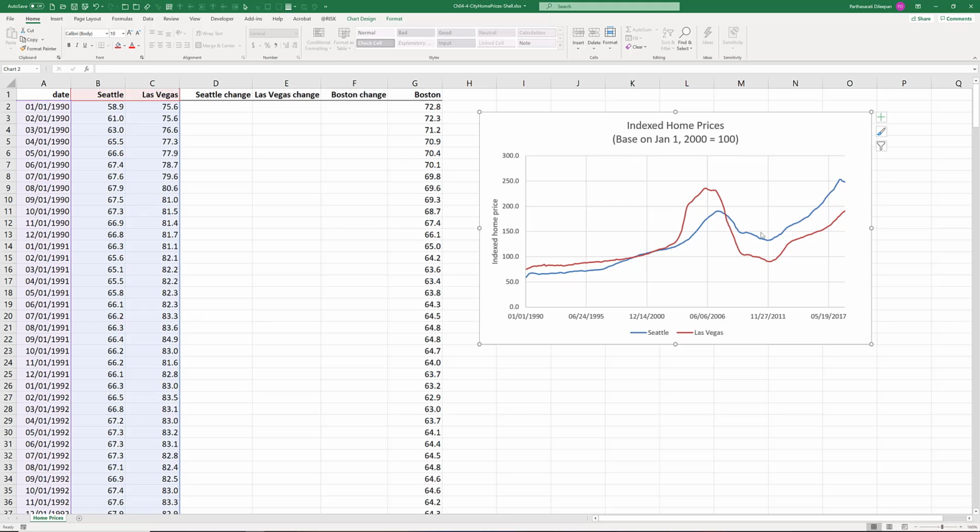So the blue line takes off at about the same rate, but the difference is flipped. Instead of Seattle being smaller than red, Las Vegas, Seattle is more than Las Vegas. So there is a complex relationship in terms of how these two prices are related, and you can be sure that they are related. It's not that they are all over the place. They are related, but it is more complex than a simple correlation.